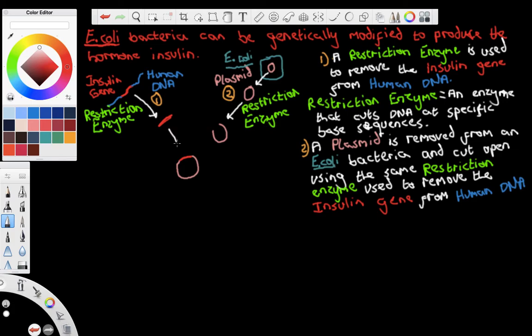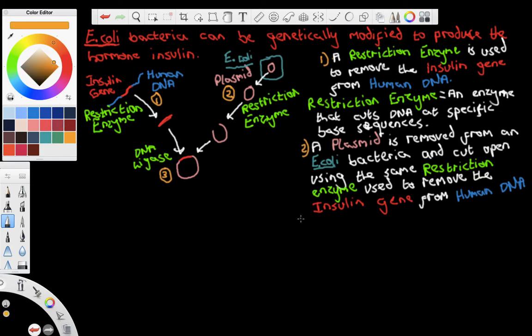So this is added to this, like so. So we can say number 3. And we can also put on the arrows, DNA ligase.